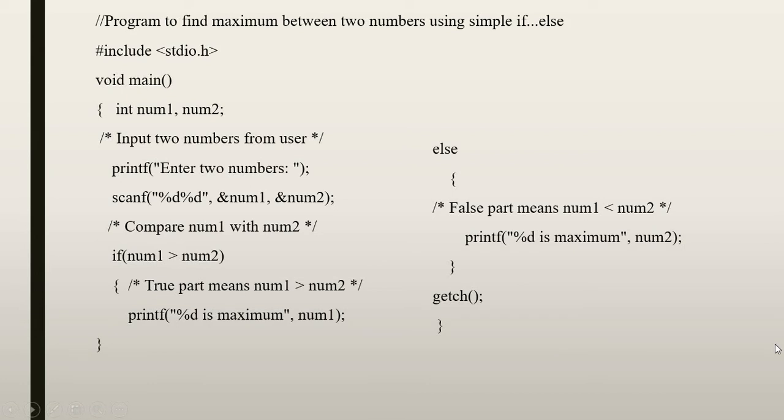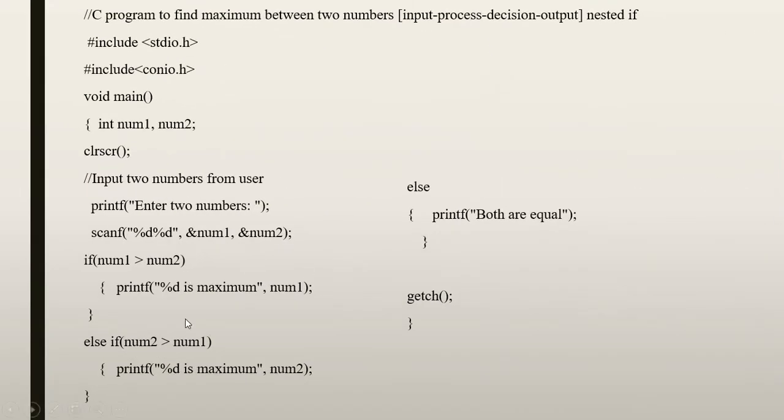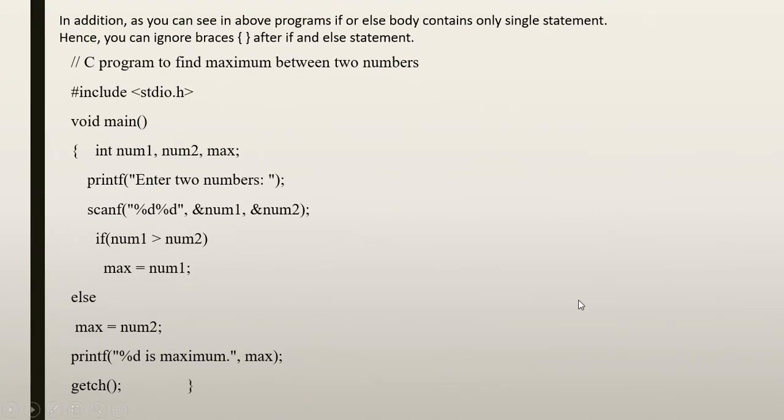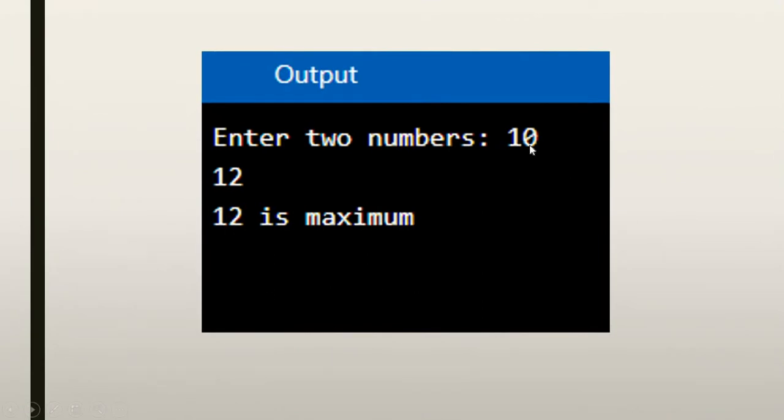Otherwise, it will go for the else part, that is number 2, the remaining number, is the largest. Over here, we have used two different conditions for that, and here we are using a third variable to store the maximum number, that is your largest number. So that's why in all three programs we are getting the same output.